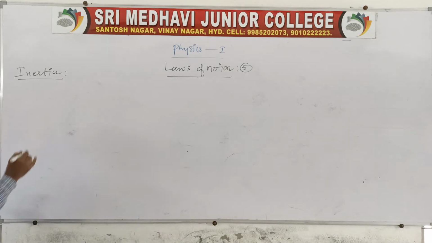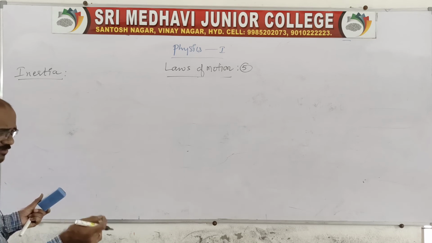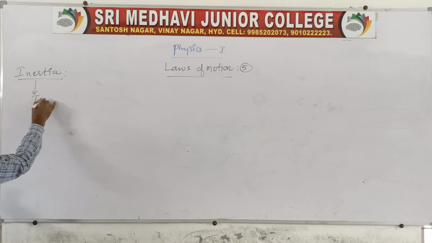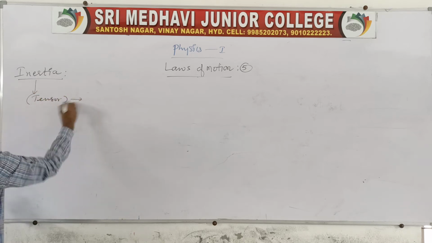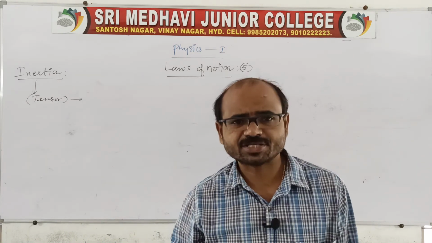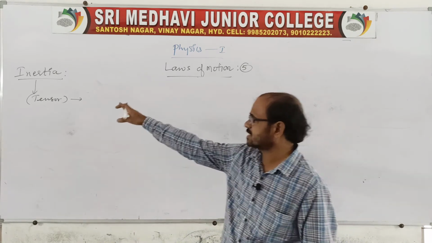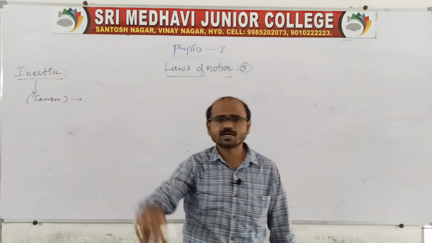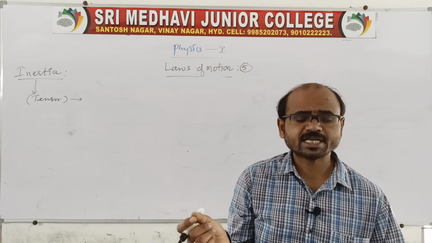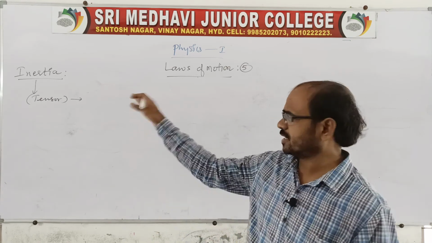We know vector quantities and scalar quantities, and likewise we have tensor quantities. What is a tensor? A tensor is a quantity which has different magnitudes and different directions. The best example of a tensor is inertia, and other quantities like stress and strain also come under it.